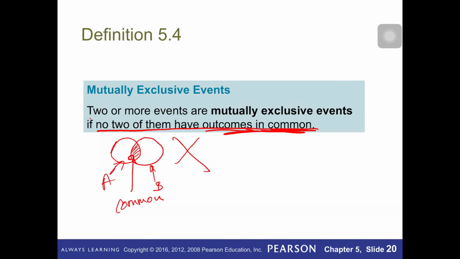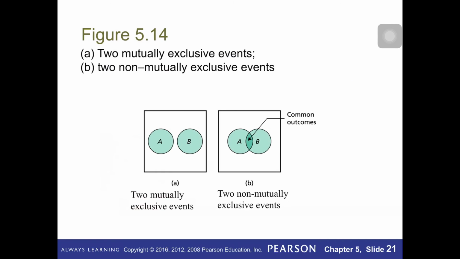If events are mutually exclusive, they don't have a common area or common outcomes. See this one, two mutually exclusive events, they don't have a common area, but here it has a common area, which means non mutually exclusive.